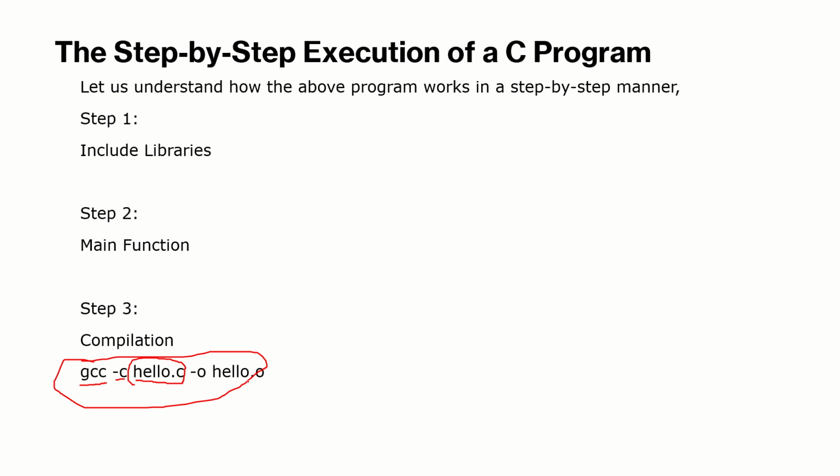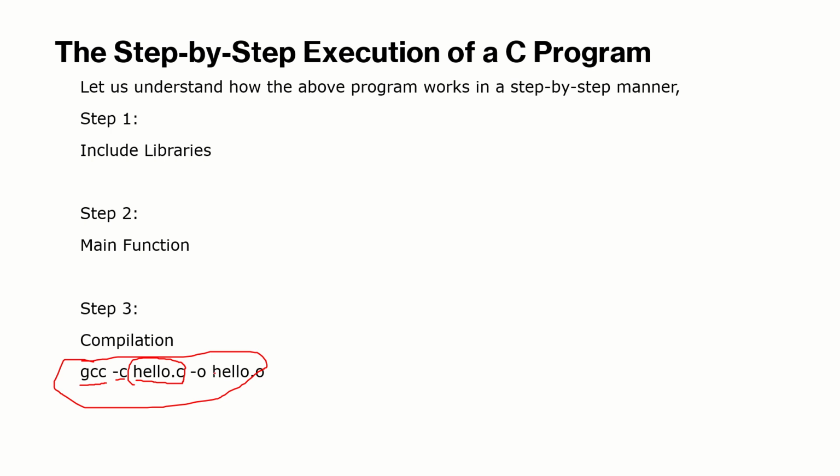If we need to compile and build the executable from the source code hello.c, and you are using Windows, open the command prompt in the folder where hello.c has been saved. The command is gcc -c hello.c -o hello.o.